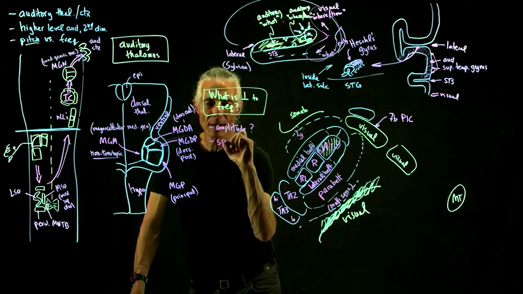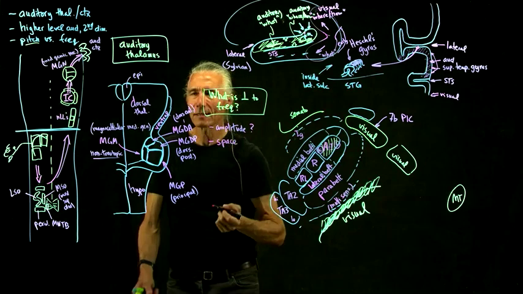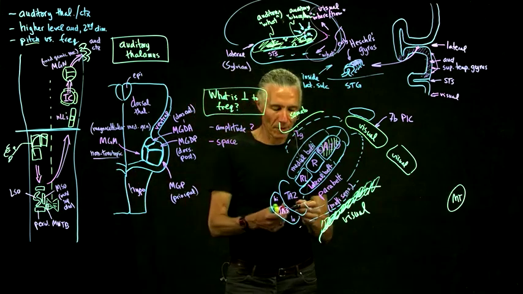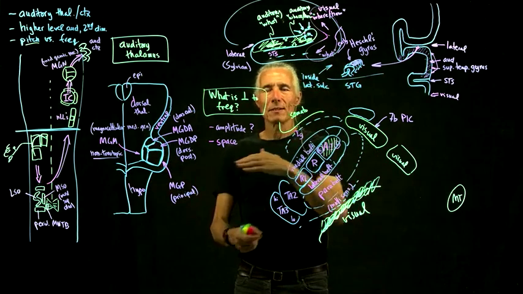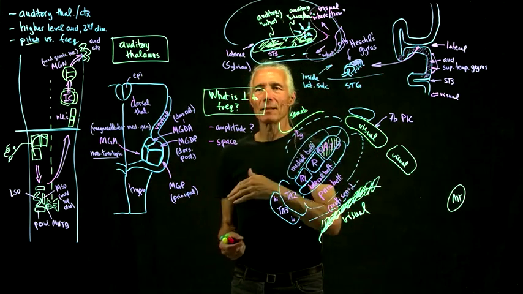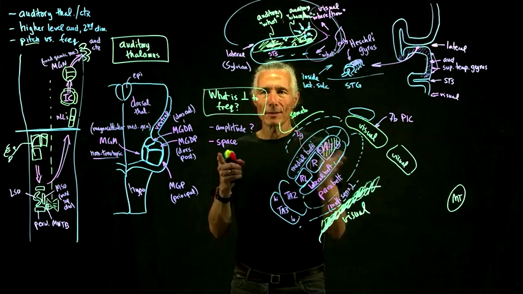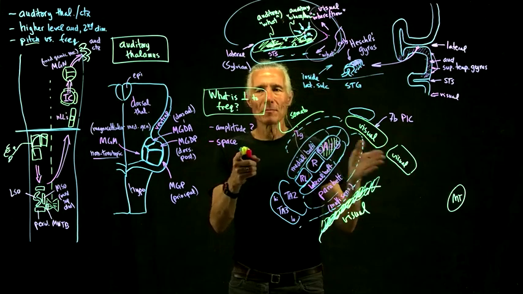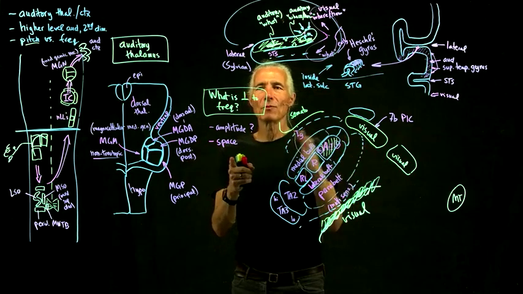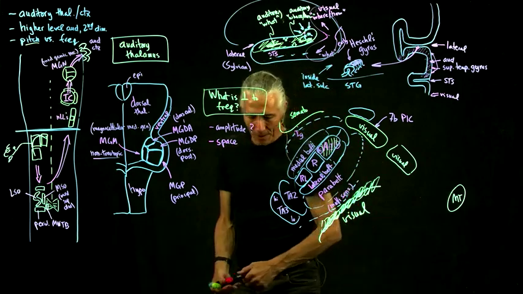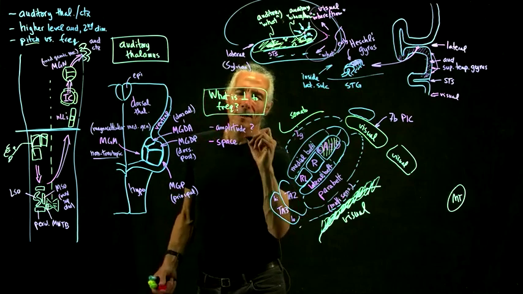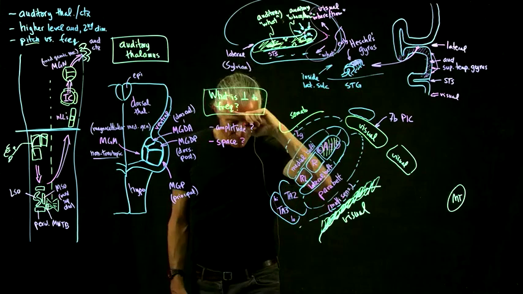Space could be perpendicular, and that's more or less what's perpendicular in the nucleus laminaris, going the other way from frequency. It's characteristic delay, which corresponds more or less to where you are on the horizontal axis. So space is another possibility.